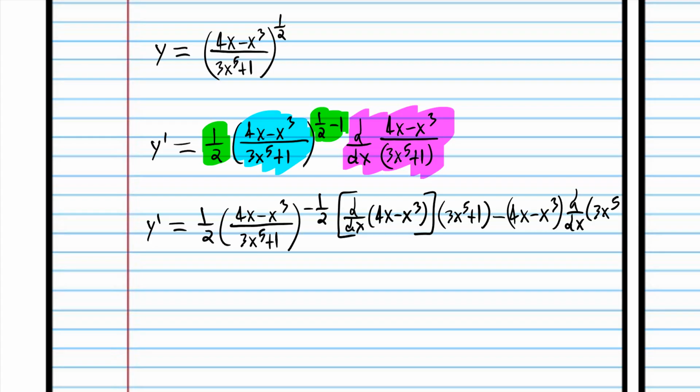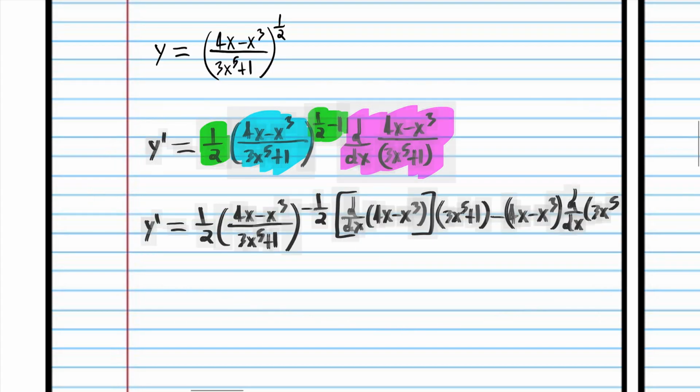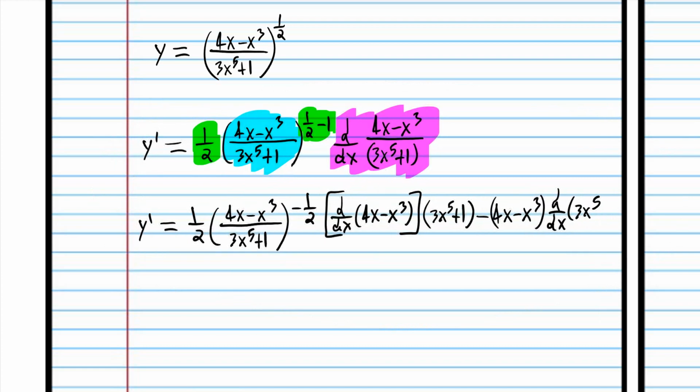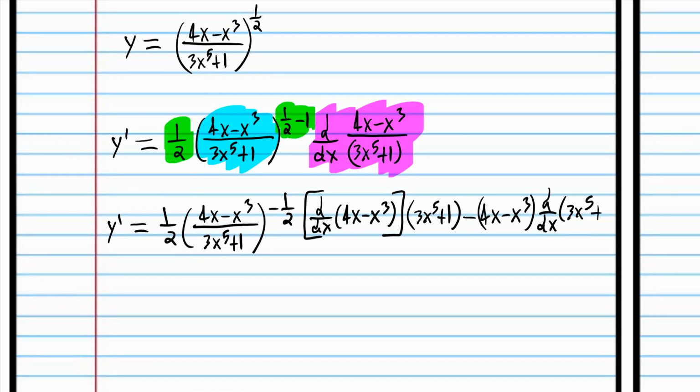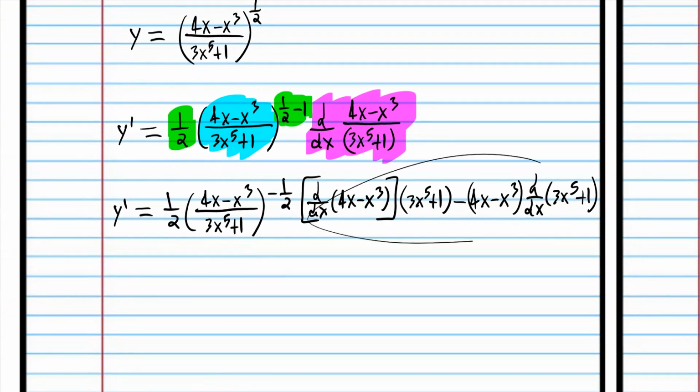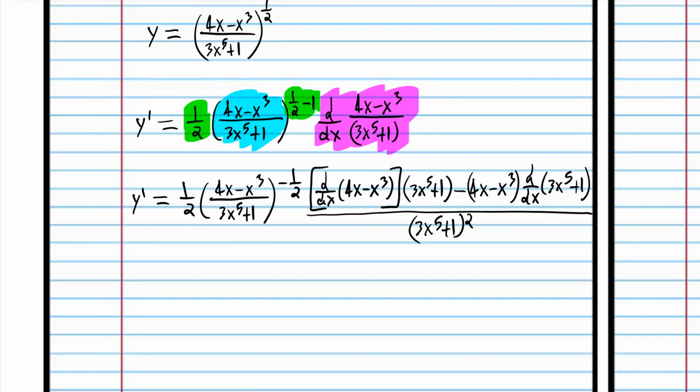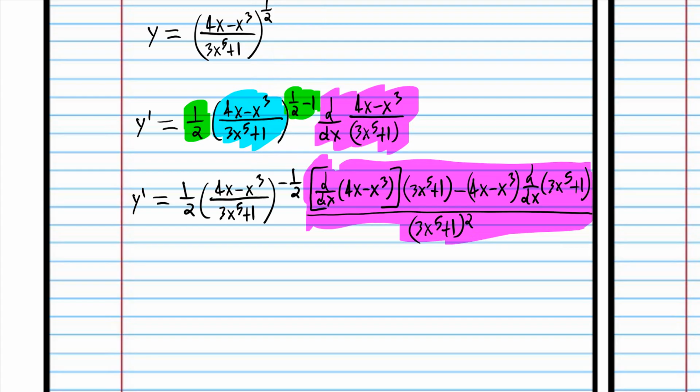And again, students typically have a lot of problems with signs, issues with writing the correct sign, so you need to be really careful when you do the algebra when you're using the quotient rule. Then we divide all that by the square of the denominator. So all of this is the derivative of the inside function.